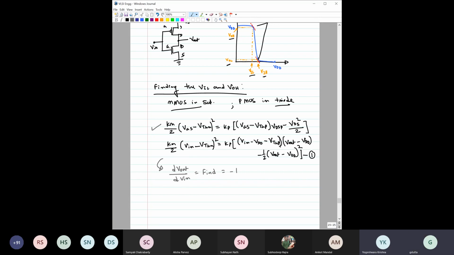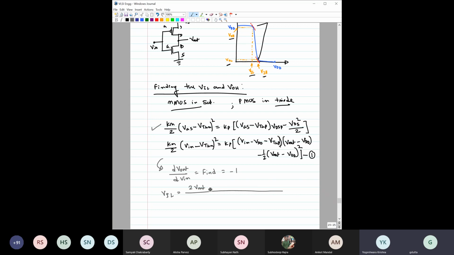So let me write that equation. I will not do it completely, but this is expected to be something like this. These equations are pretty big actually.